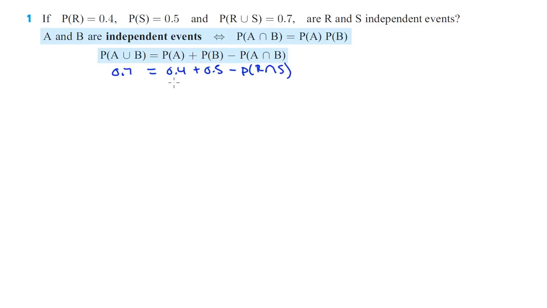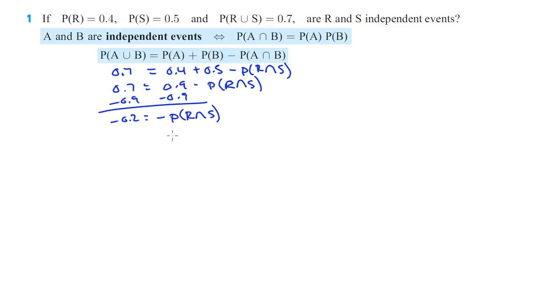Okay, so we've got 0.7 equals 0.9 minus the probability of R intersect S. So let's subtract 0.9 from both sides, and we get negative 0.2 equals negative the probability of R intersect S. So the probability of R intersect S is going to have to equal 0.2. Just get rid of the negatives on both sides. Okay? So we now know what this part is here.